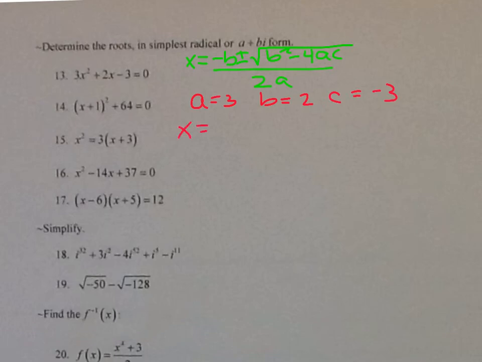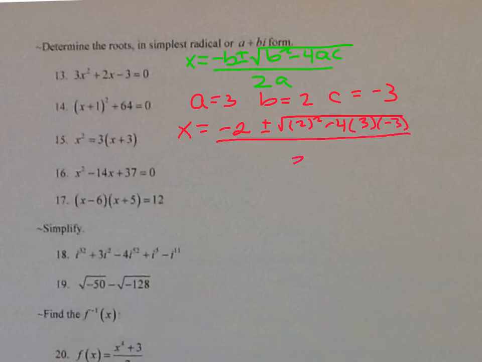All right, let's plug it in. So we have x equals negative b, b is positive 2, so it's negative 2, plus or minus the square root of 2 squared minus 4 times 3 times negative 3, over 2 times 3.